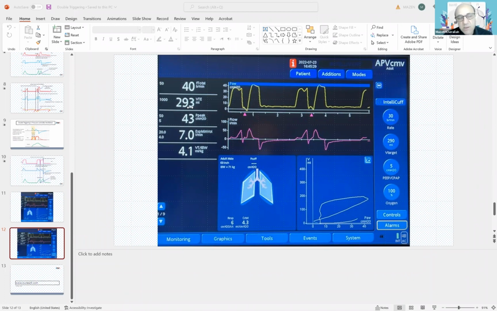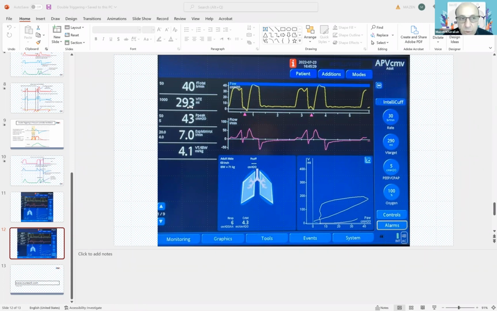Of course, if the patient is not in ARDS, you can give him 8 ml per kg. If the patient is in ARDS, not more than 6 ml per kg of ideal body weight. But if you say, well, despite giving him the ideal tidal volume for his body weight, he's still doing this, at that time you need to sedate the patient, if you do not increase the tidal volume, if it's going to go above the protective lung strategy. So that's in volume control.